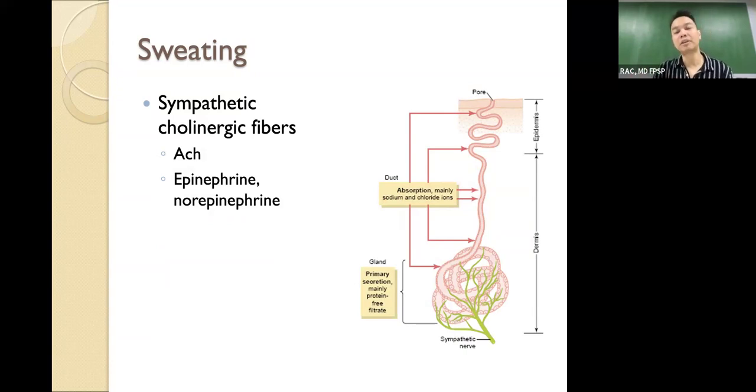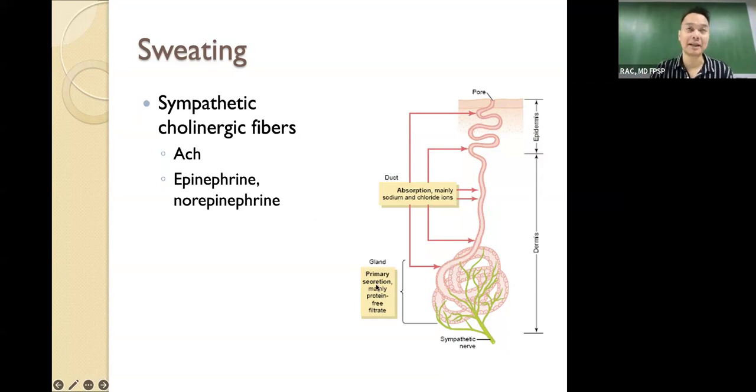So the neurotransmitter being used by the sweat gland would be acetylcholine. It may be activated by catecholamines, but its main neurotransmitter would be acetylcholine. So it stimulates muscarinic receptors, and when that happens, the gland will now produce the primary secretion.